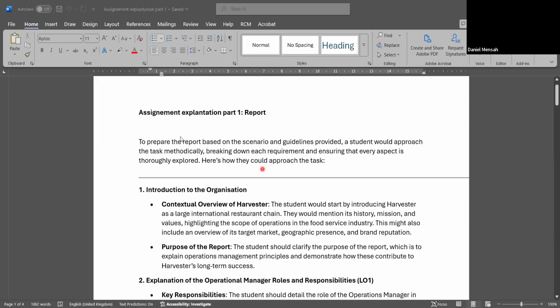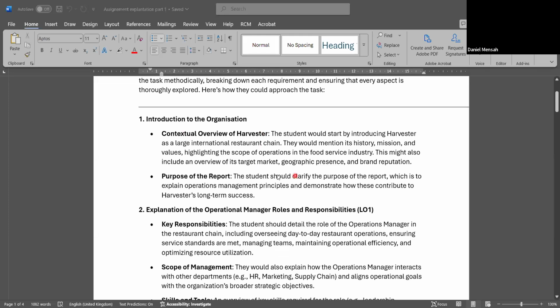Anyways, you need to do this assignment. The first point is introduction to the organization. You are just giving the contextual overview of the company. So what the company is, you can mention its history, mission, and values, and highlight the scope of operation in the food service industry.